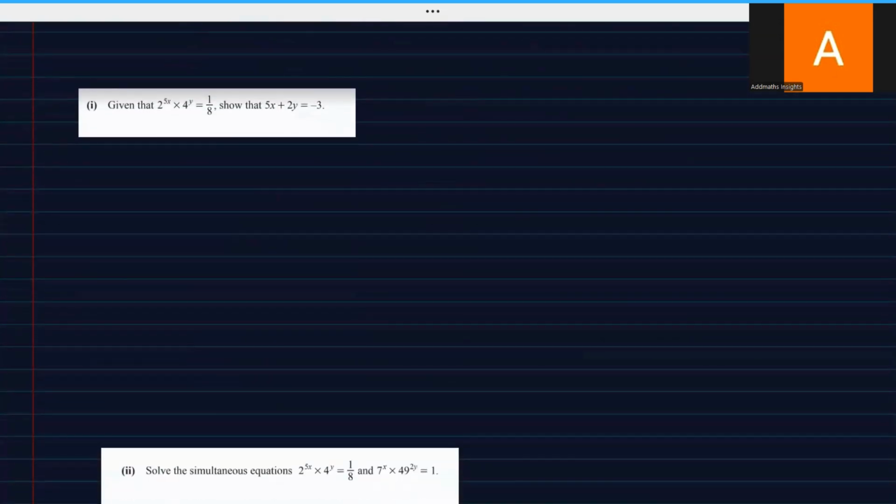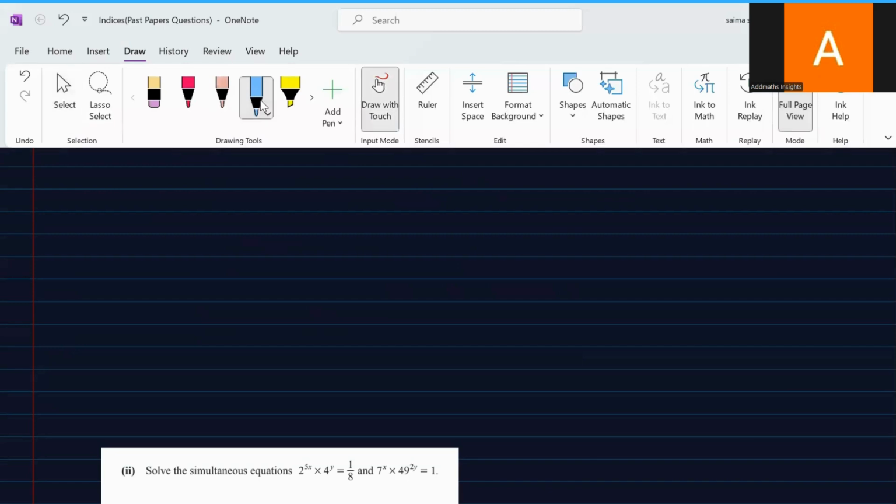you are given that 2 raised to the power 5x times 4 raised to the power y is 1 by 8. You have to show that 5x plus 2y is minus 3. So the same basic technique: you have to make the bases same.